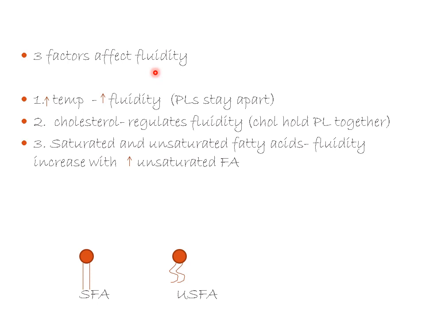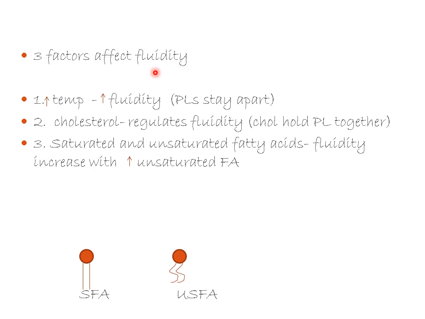Now we have already seen that the cell membrane is fluid in nature. So there are a few factors that will affect the fluidity of this membrane. First, an important factor is temperature. Whenever the temperature of the environment is increased, the fluidity of the cell membrane will increase, because phospholipids stay apart in this condition.